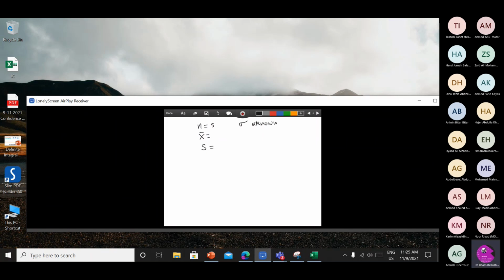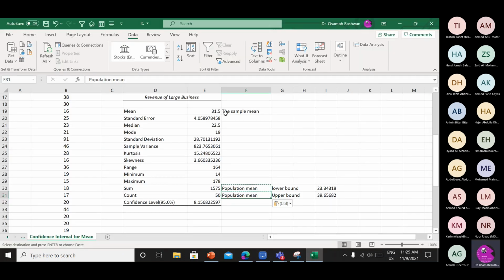Do you know how to do it by the calculator? Okay, so I will get the same value, 31.5 using the calculator, and also the standard deviation. Doctor, just one question. How do we figure out the upper bound in Excel?